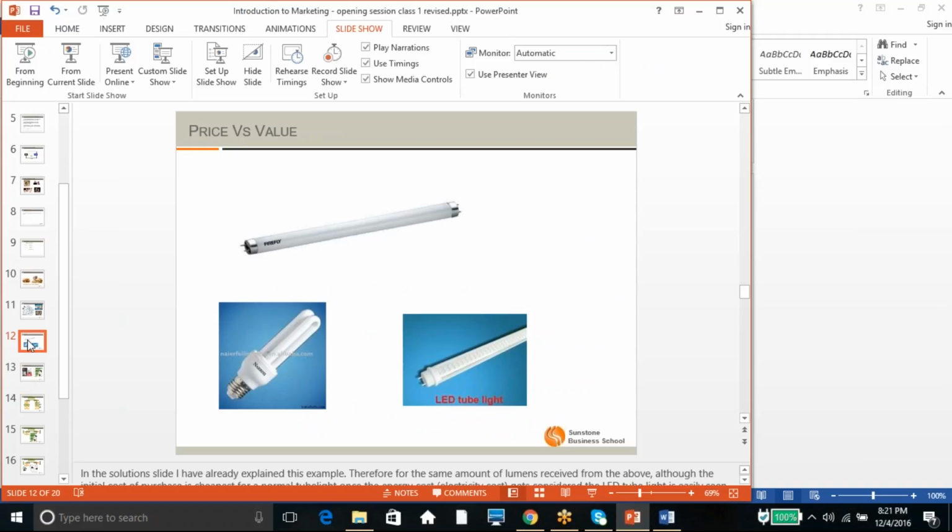There are three products I've shown here: a normal tube light, a CFL, and an LED tube light. What are the prices? We're all aware of the pricing. In terms of pricing, what will it be?